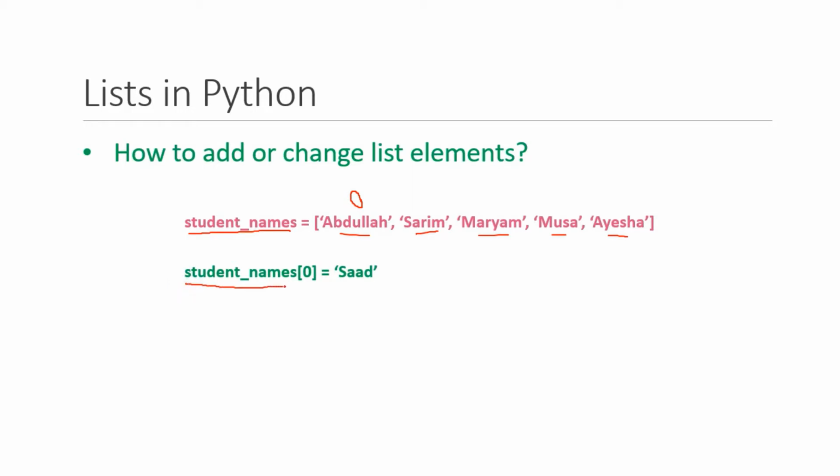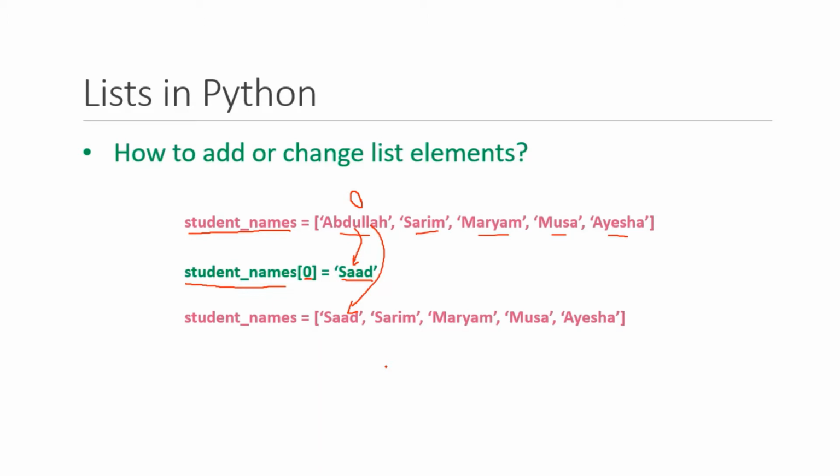Here this student names is the name of list, and after this I will write index number in square braces. So now I am saying that student names at index 0 is equal to Saad. Now what it will do, it will override this Abdullah with Saad, and the new list will become like this. Now this Abdullah has been replaced with Saad. So this is the way of changing existing list elements.